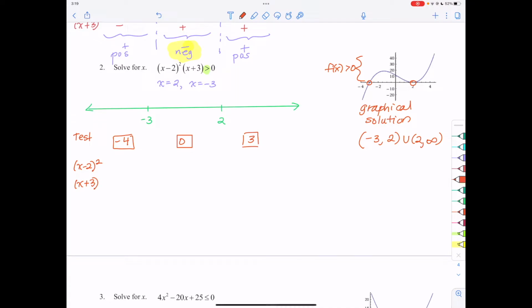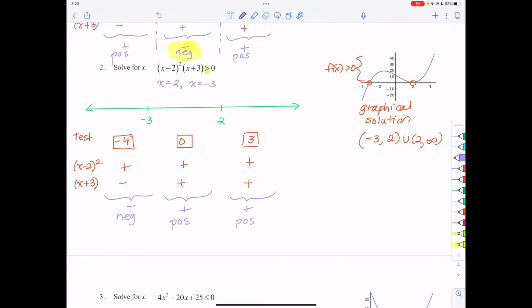And what do you notice? (x - 2) all squared is always going to be positive, no matter what number you plug in. And then plugging in a -4 and a 0 and a 3 is what we would get for the other factor. Now, multiplying these two together, we would have a negative, a positive, and a positive, and a positive multiplied by a positive is a positive.